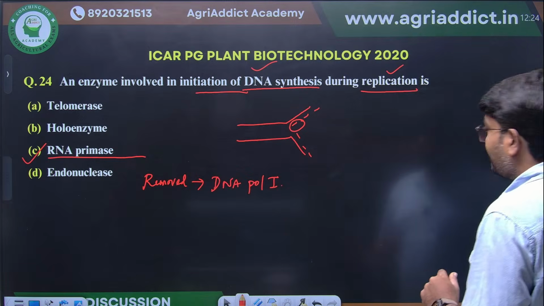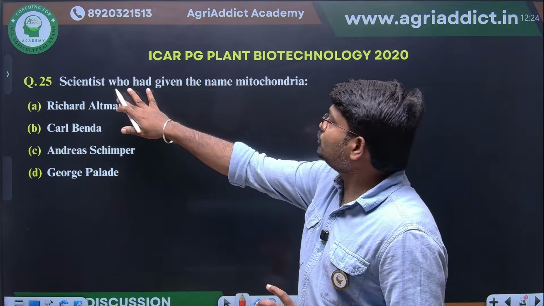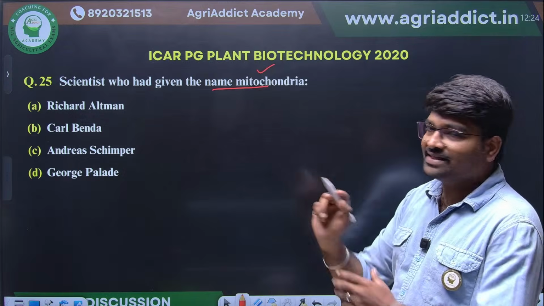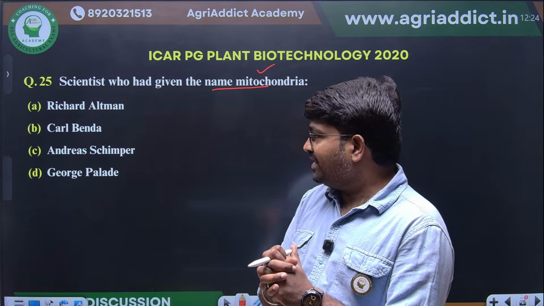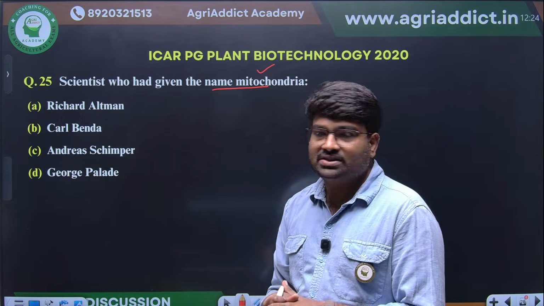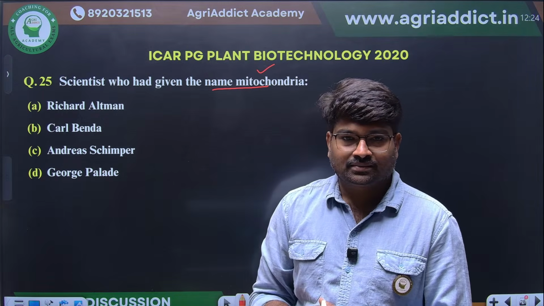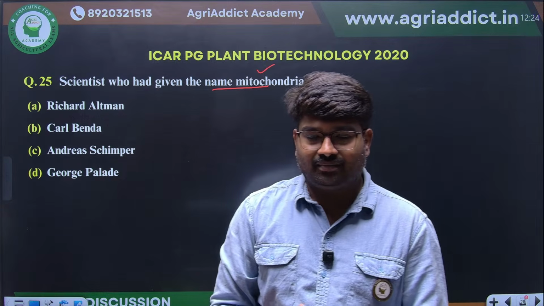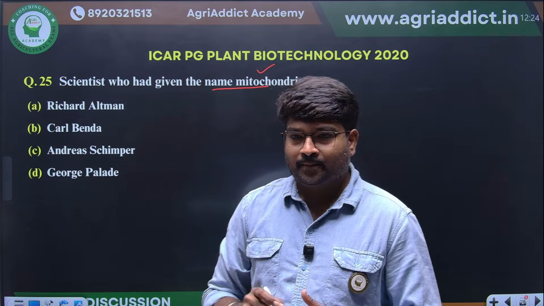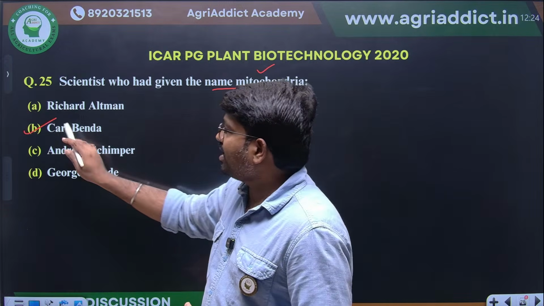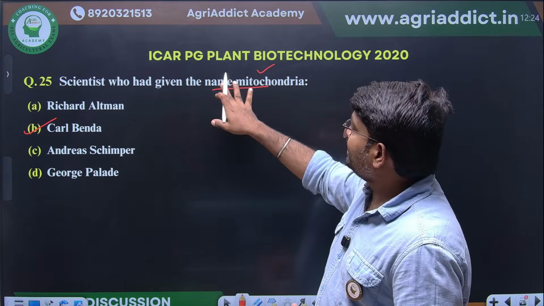Okay, clear? Who has given the name mitochondria? Whether Richard Altmann, Carl Benda, Andreas Schimper or George Palade, who has given it? Yes, Carl Benda has given the name for mitochondria.